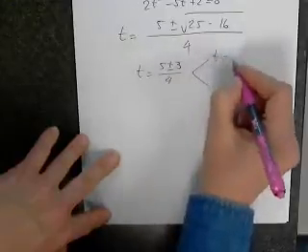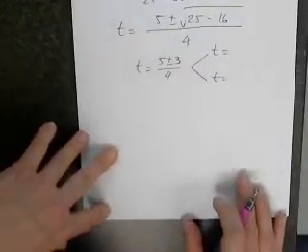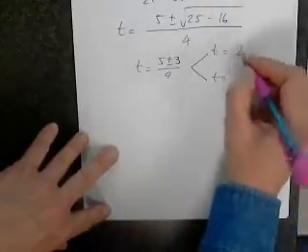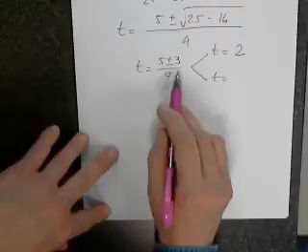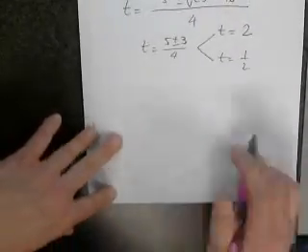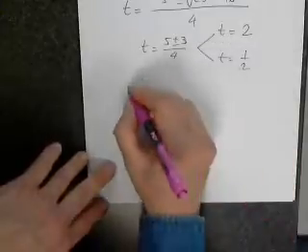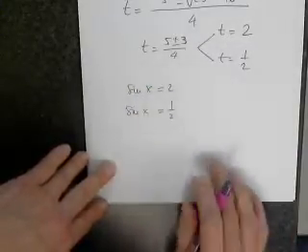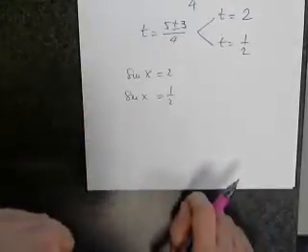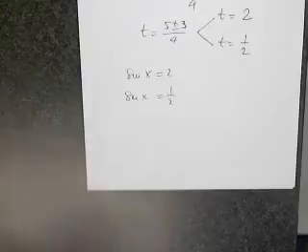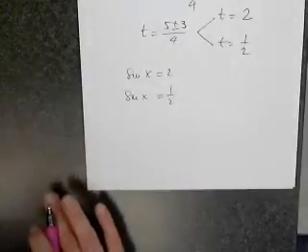So I have two options for t, which is sine x. 5 plus 3 is 8 divided by 4, I get 2. 5 minus 3, I get 2 divided by 4, 1/2. So then I have two equations. One equation is sine x equals 2, and the other equation is sine x equals 1/2. Any questions so far? Okay, how do I solve the equation sine x equals 2?